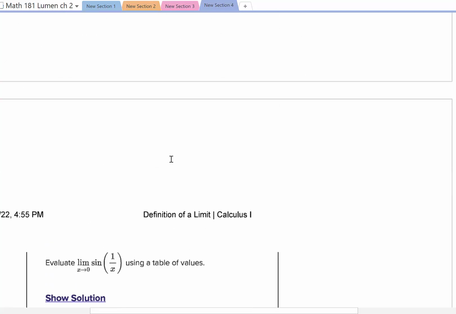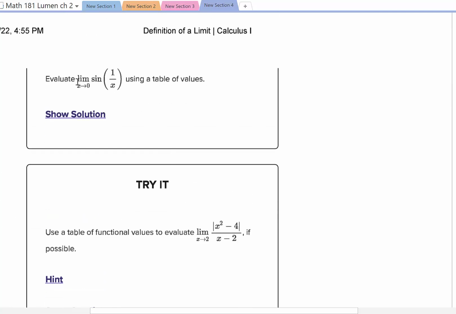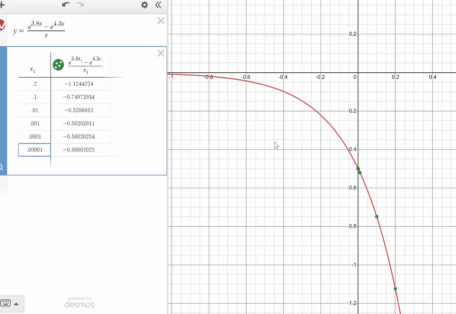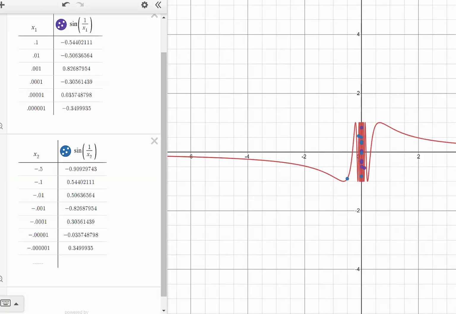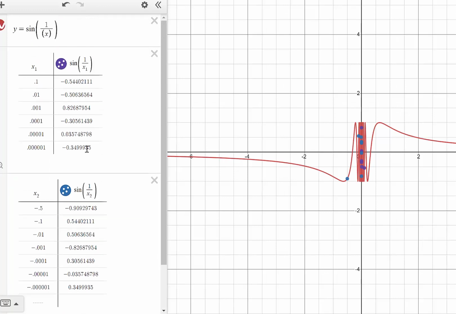So let's talk about the limit of sine of 1 over x as x approaches 0. What's that going to be? Well, I created a table for this one as well. This is an interesting graph. I used values approaching 0: 0.1, 0.01, 0.001, 0.0001, and so on.